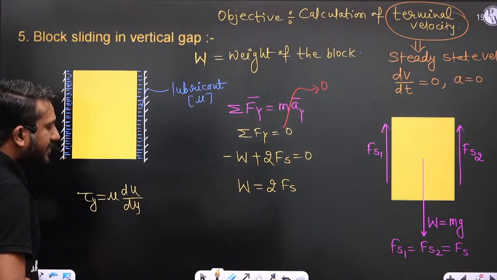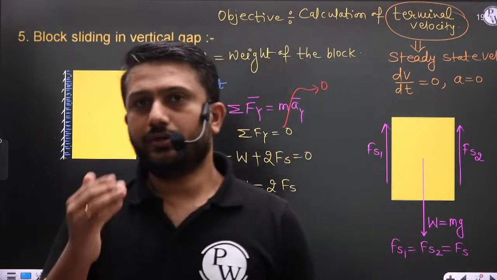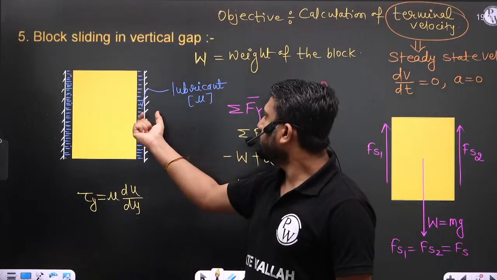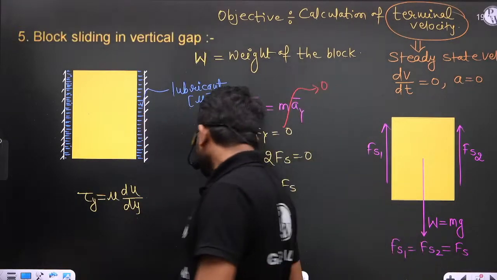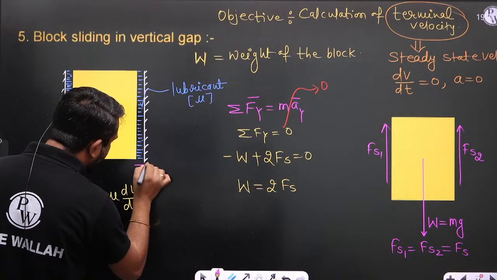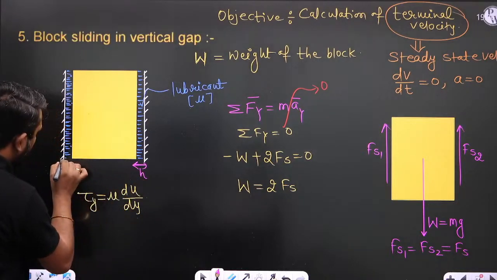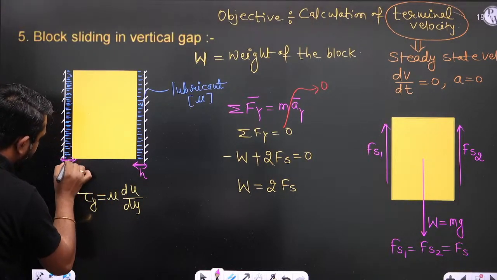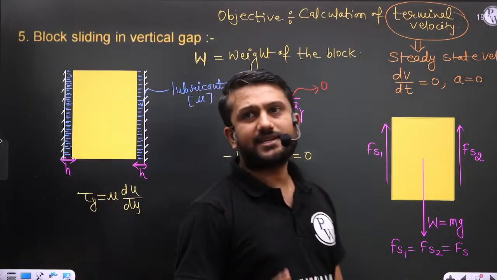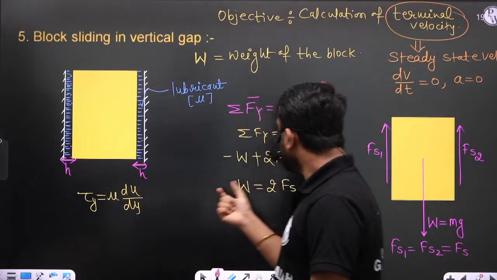For calculation of du by dy, you must know the velocity variation in this gap. So let us consider this gap as h, and also in this direction let us consider this gap as h.